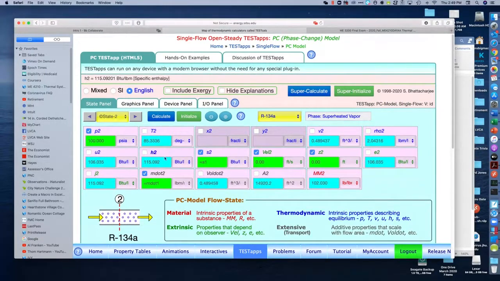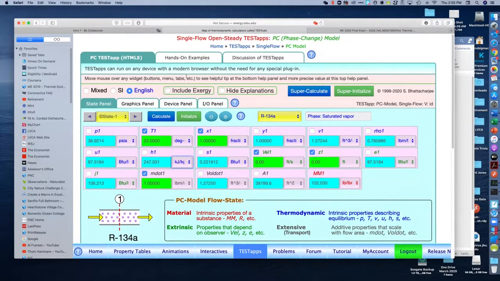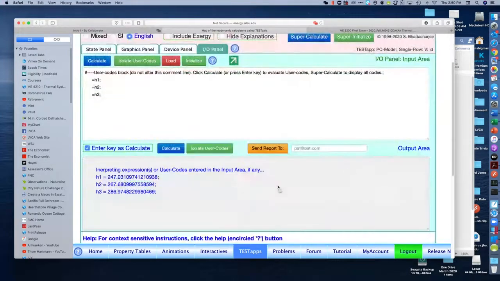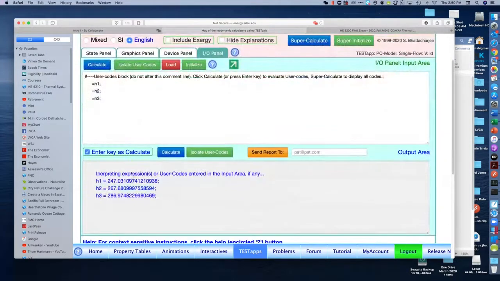If I went back to state 2, switching it over to kilojoules per kilogram, I get the H2. And then finally, I can do the same thing here, and I get the 247. So again, going back to the I/O panel always works in SI units.